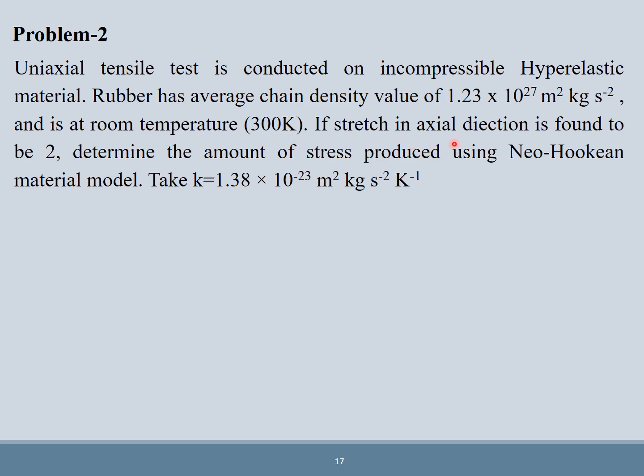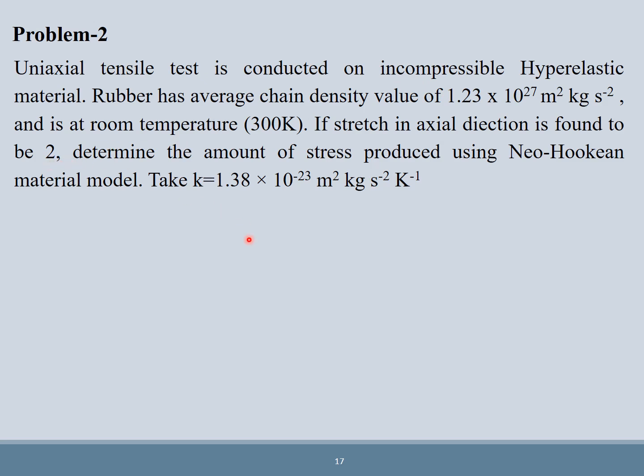If a stretch in the uniaxial direction is found to be 2, so lambda is equal to 2. Determine the amount of stress produced using the Newtonian material model. Now take K equal to 1.38 10 to the minus 23. So the Boltzmann constant K is given, NC is given, T 300 Kelvin is given, and lambda 2 is given.